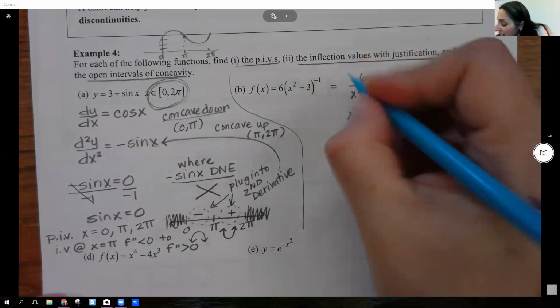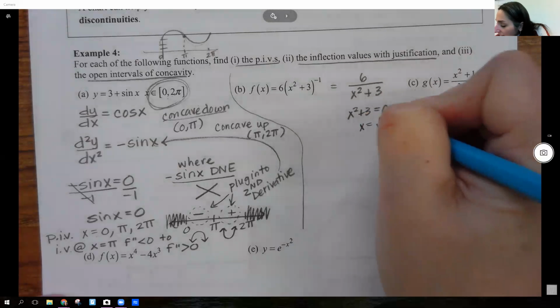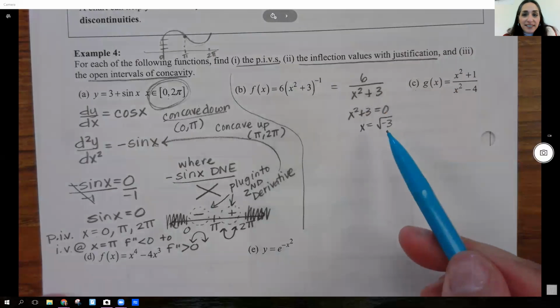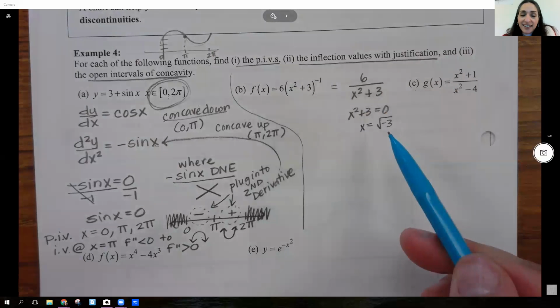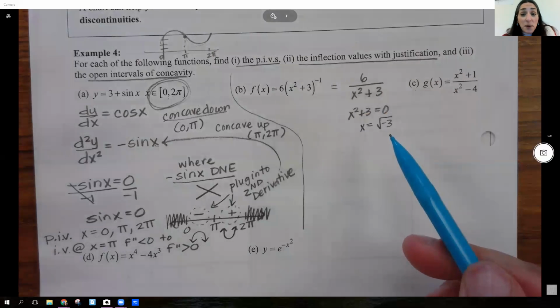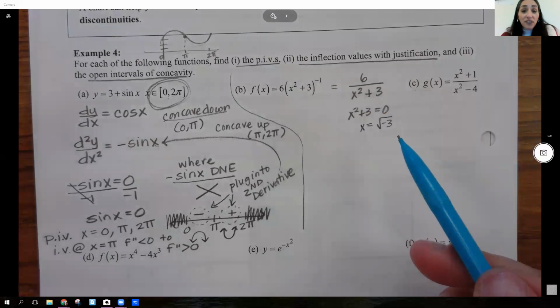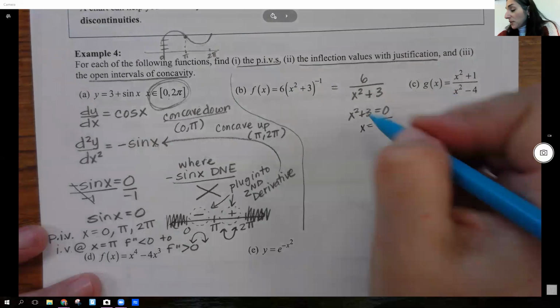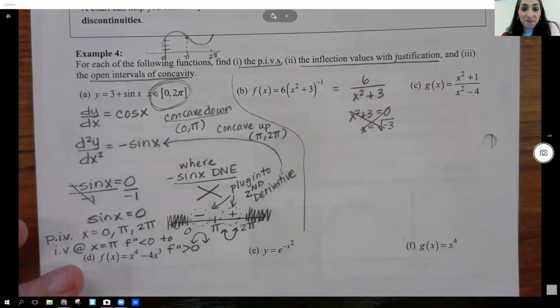Yeah, right? And that becomes what? Imaginary, right? So thankfully, calculus does not use imaginary numbers. Calculus is based off of only the real numbers. So we don't have to worry about that, okay? So no domain restrictions for this one.